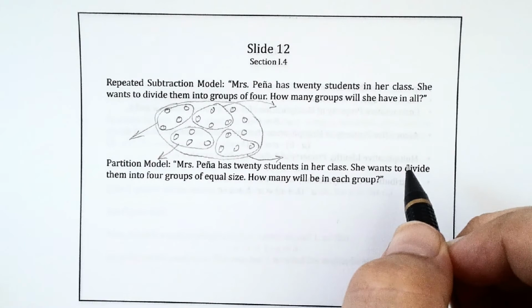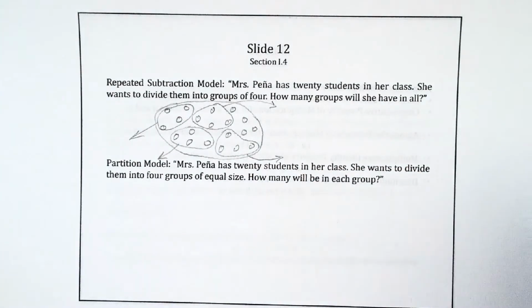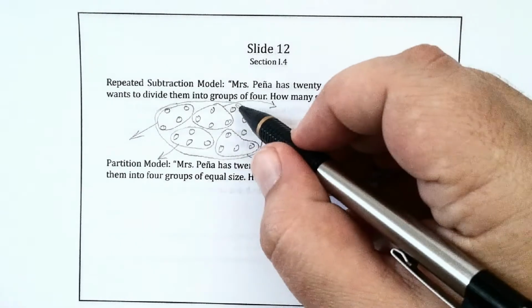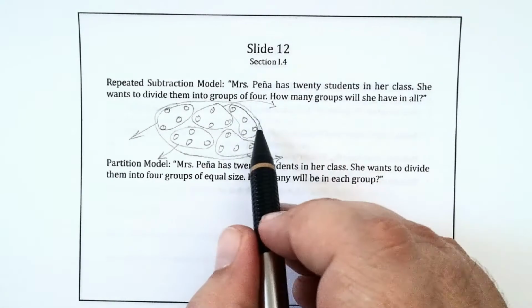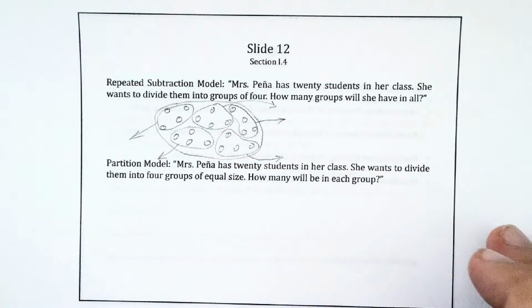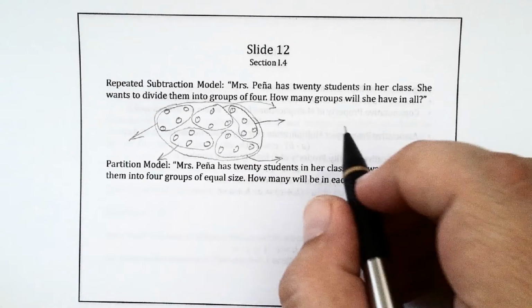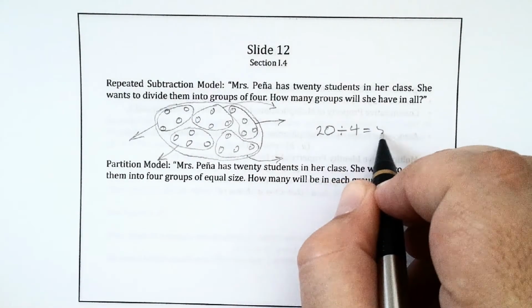Here's the fourth group, and I guess I counted wrong. Here's the fifth group. And now we're all out of students. So what we showed here is that 20 divided by 4 is equal to 5.